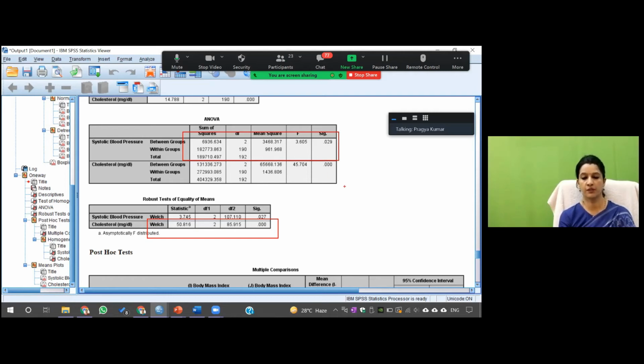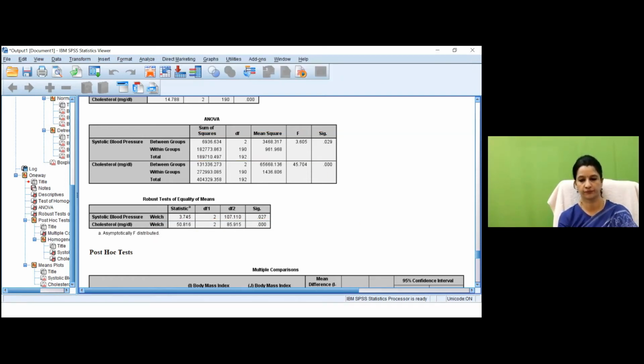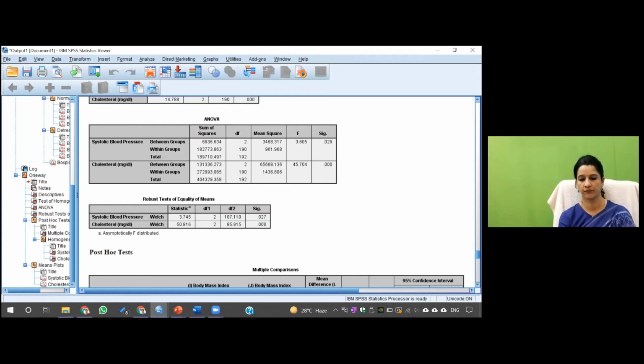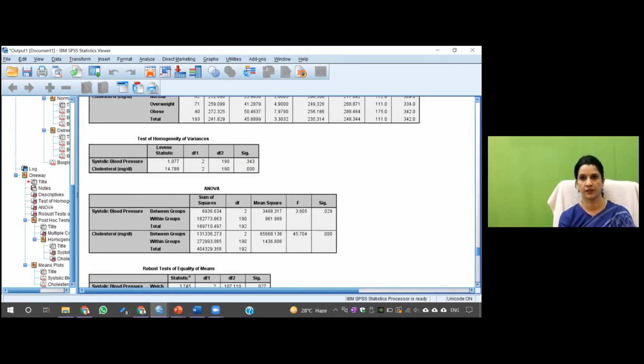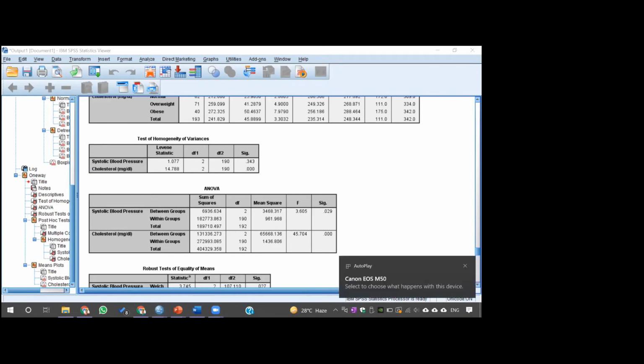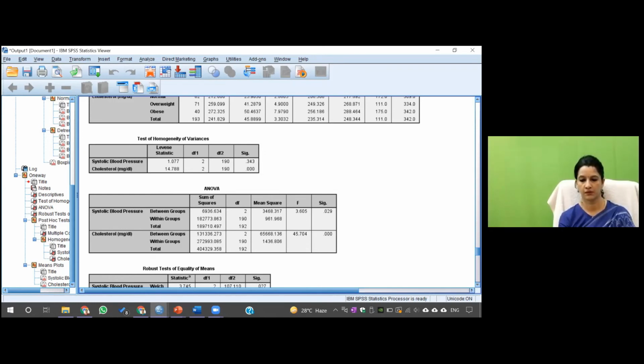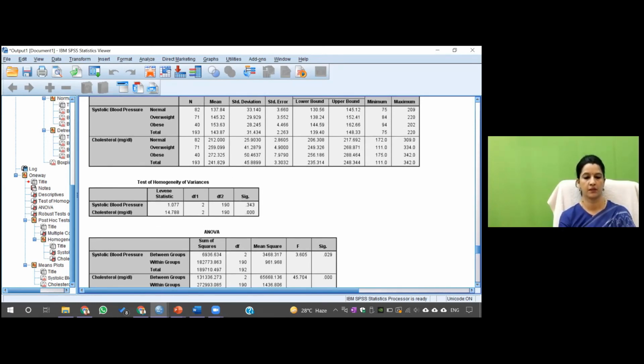If you go above and see the value of this Levene test of equality of variance.